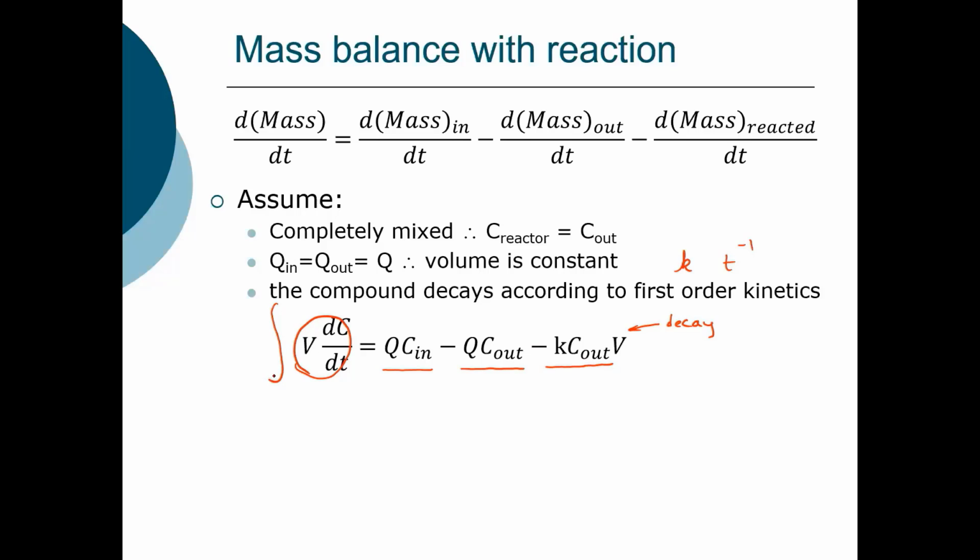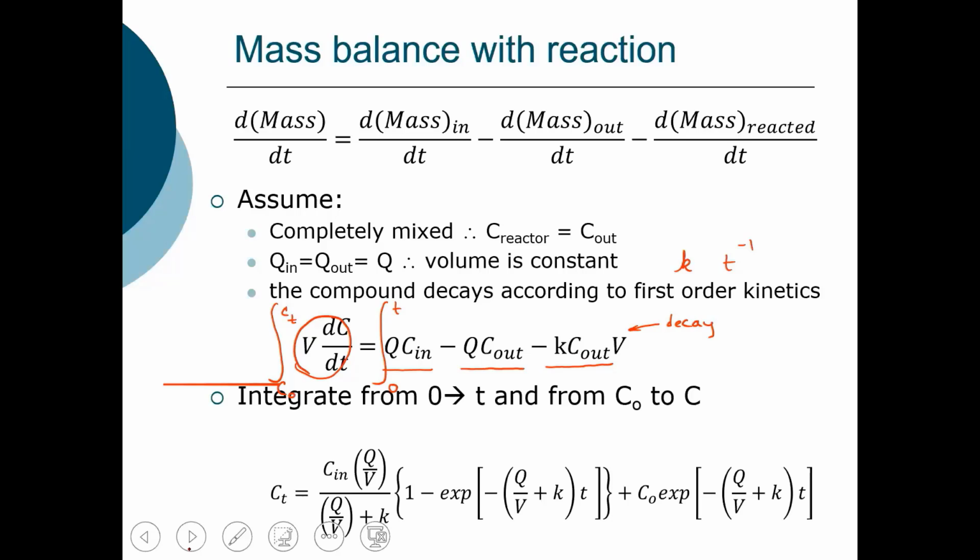Now, if we integrate this from C0 to C sub t, and from t0 to time t, we have this general form of the equation. It's more complicated than before because now note we have a k term in the exponential, and before this was just C in.